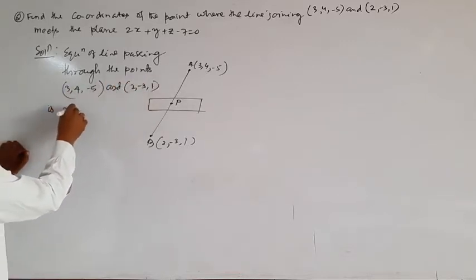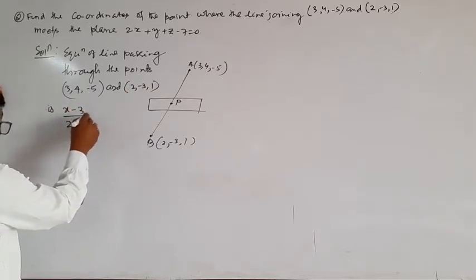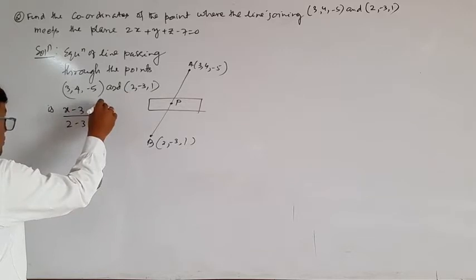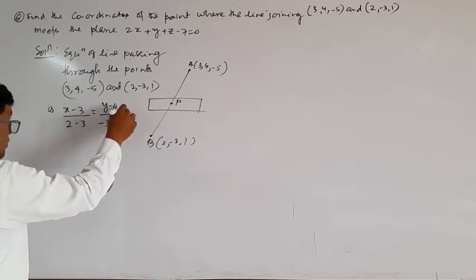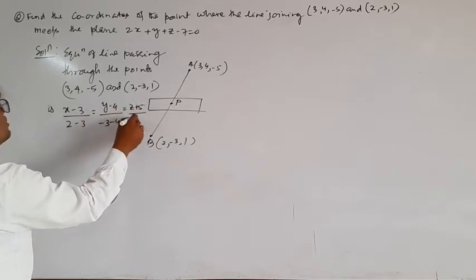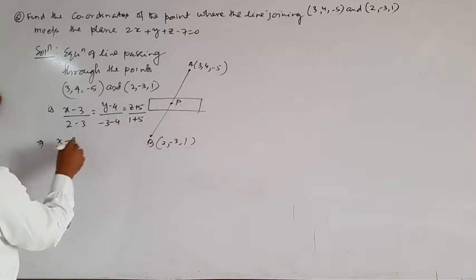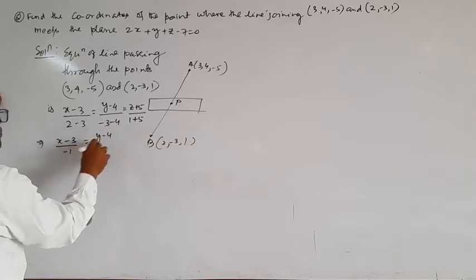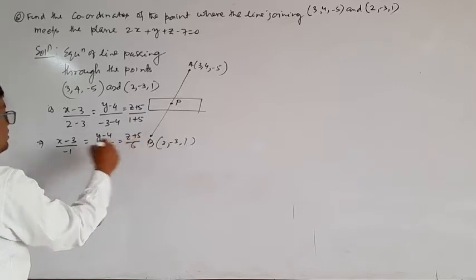It is x minus 3 divided by 2 minus 3 is equal to y minus 4 divided by minus 3 minus 4 is equal to z plus 5 by 1 plus 5. That implies x minus 3 by minus 1, y minus 4 by minus 7, z plus 5 by 6.